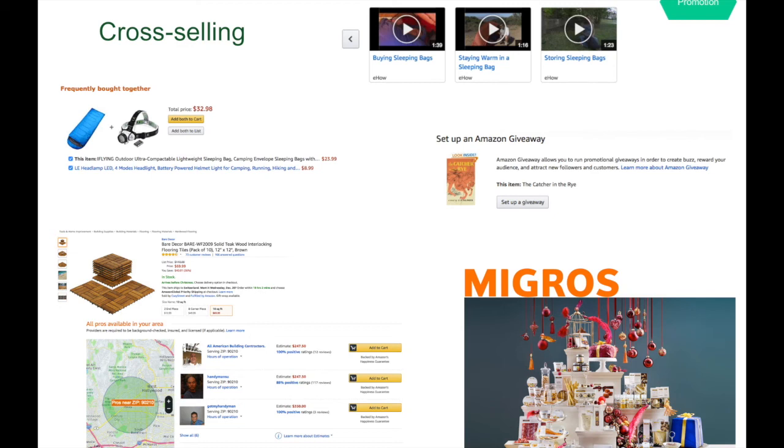Cross-selling can also go to other customers, so that's more recommendation selling, and that's the middle example, the giveaway from Amazon. So if I see something I'm interested in, I can set up my giveaway and send it to somebody else, motivating him to buy what I just saw.